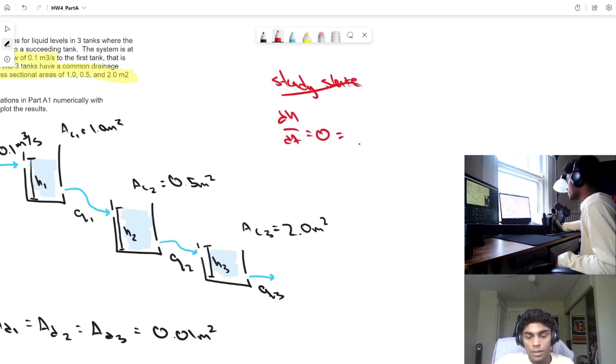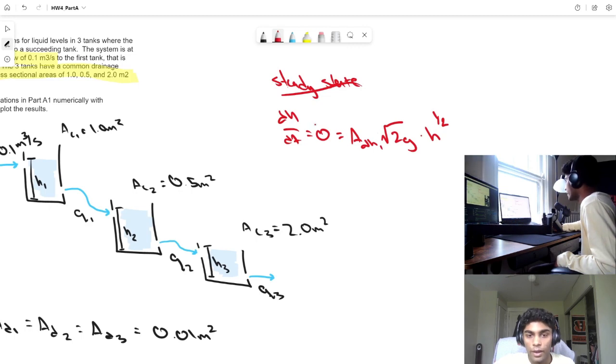And that's going to be equal to the area of the first drainage hole times the velocity, and we know by doing our energy balance that our change in height over change in time is equal to 0, and our velocity for that is going to look something like that.